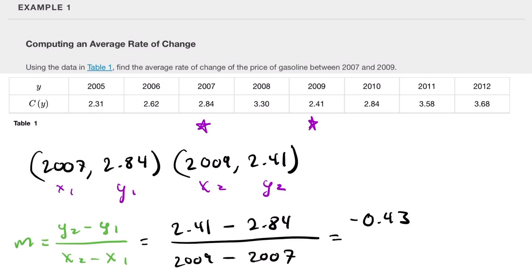And then on the bottom, it looks like we get a positive 2. Let's see. So then negative 0.265.